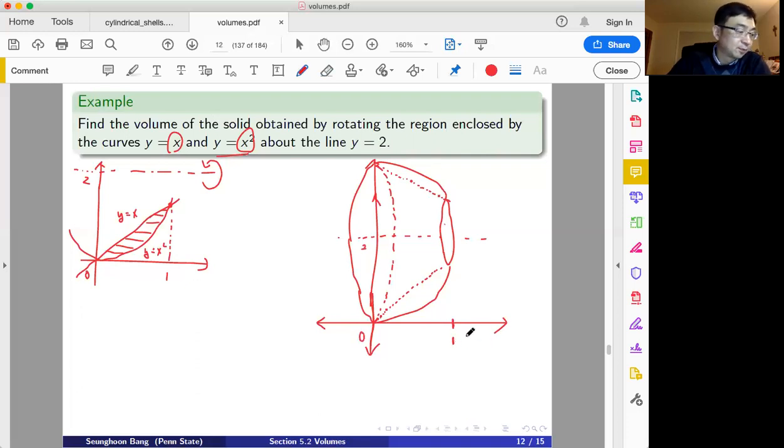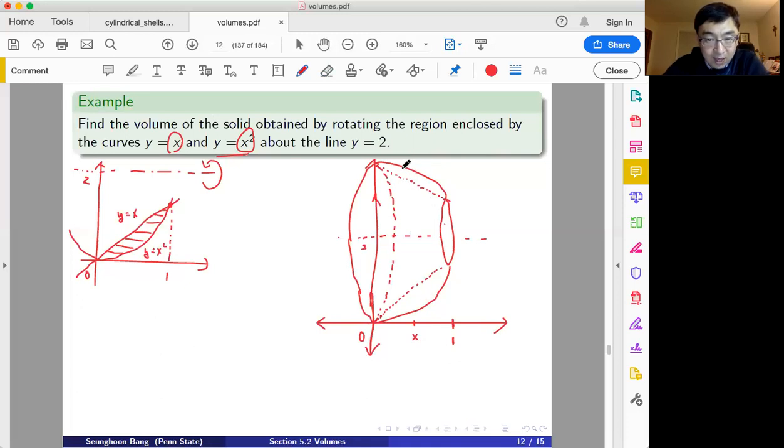The next step, you can make a cross section. How can you make a cross section? Same, you can choose a point x. You have to cut this one by using a vertical plane, perpendicular to the x-axis. You can cut.